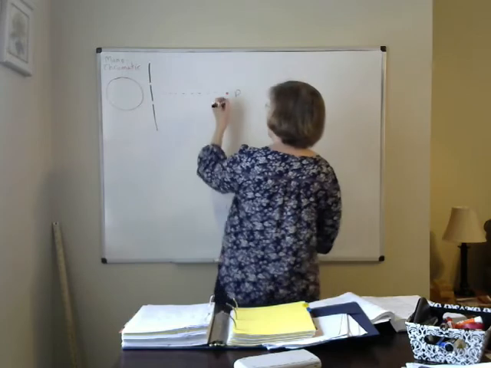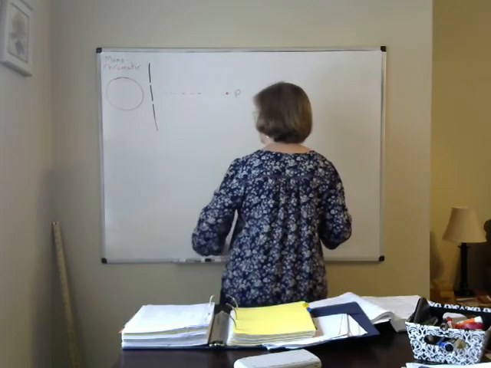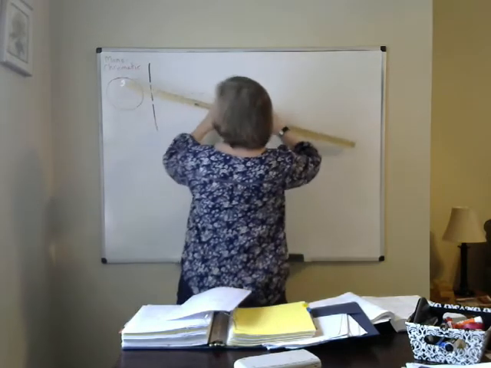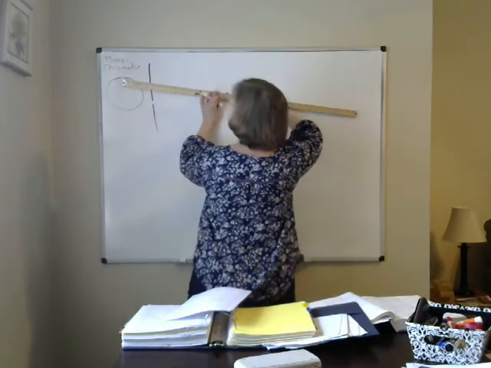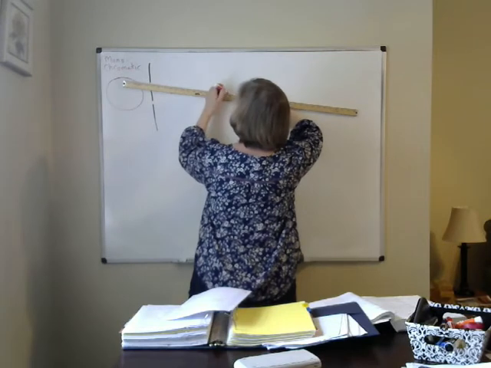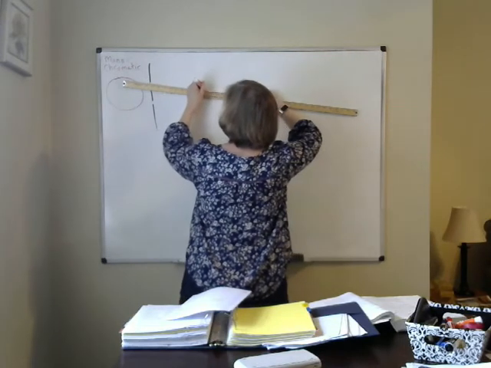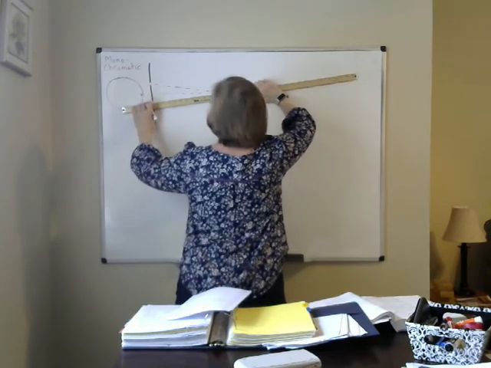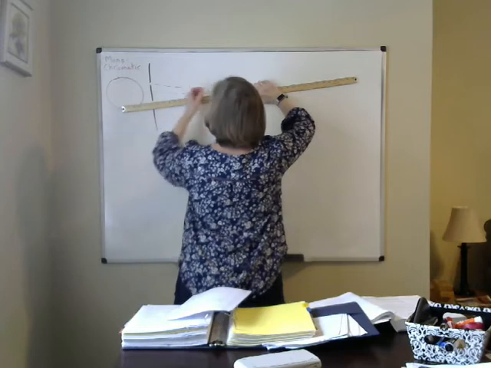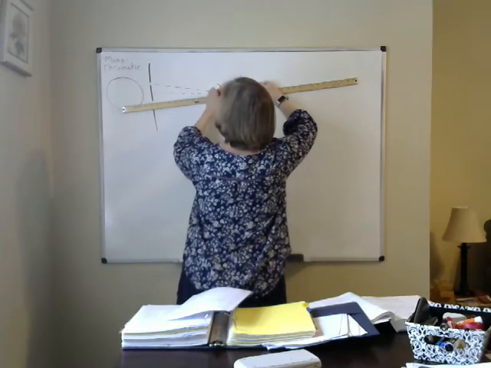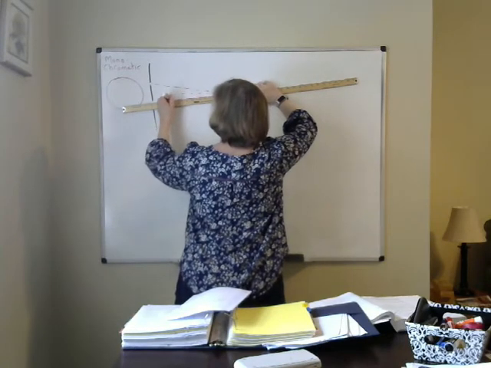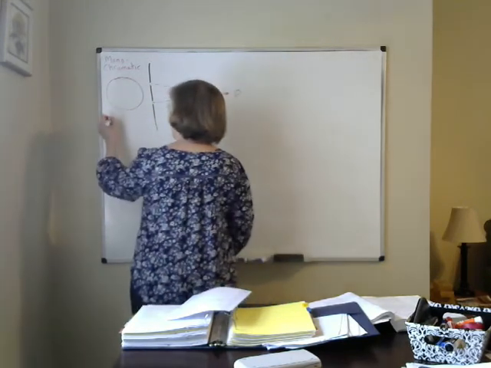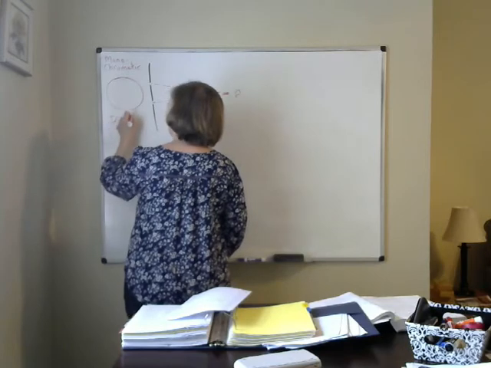And the reason being, oops, you need a ruler, I think, to be kind of straight. The reason I have to get constructive interference here is because those two light rays that are coming through those slits are what we call coherent light. They're the same color, and it's going to be in phase with itself.